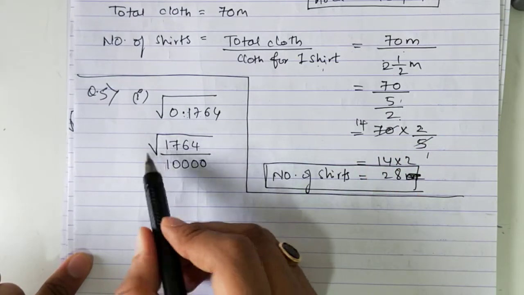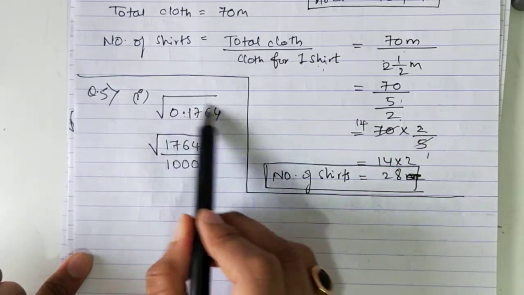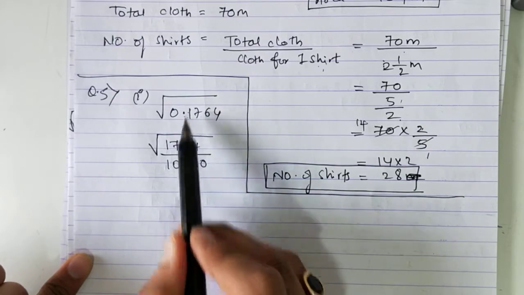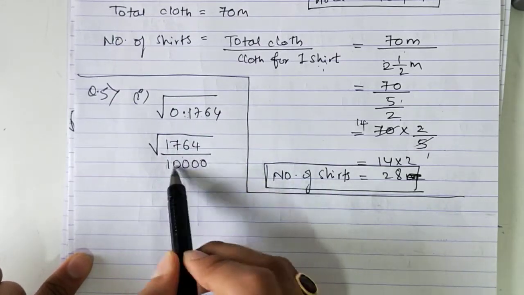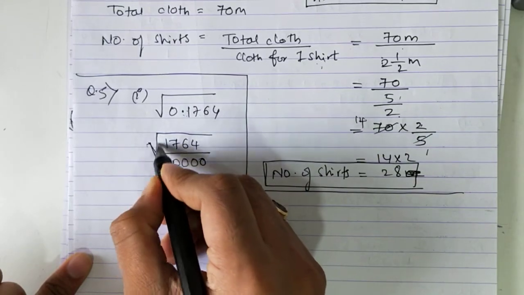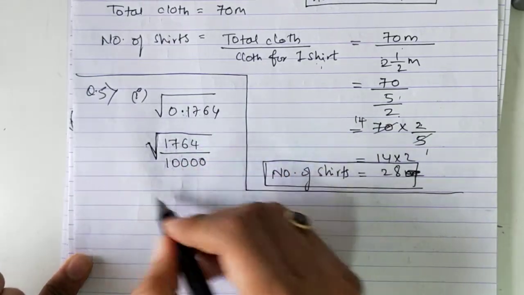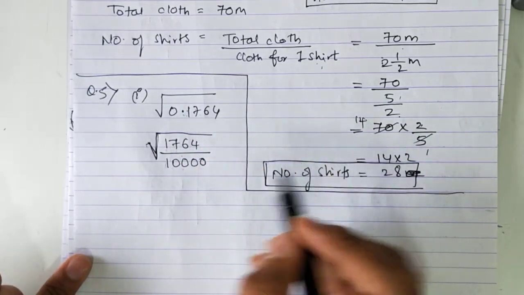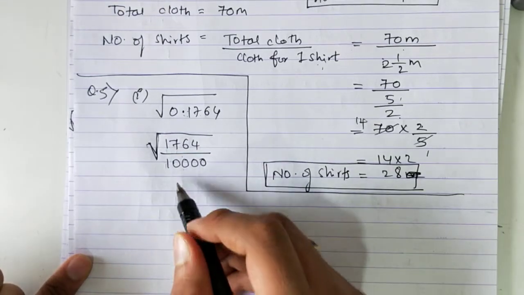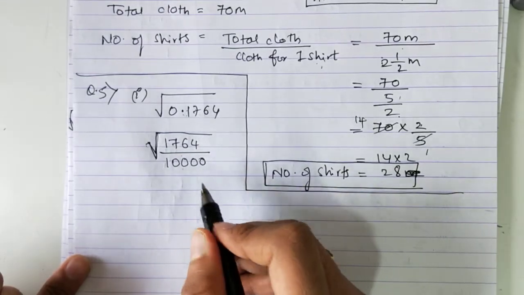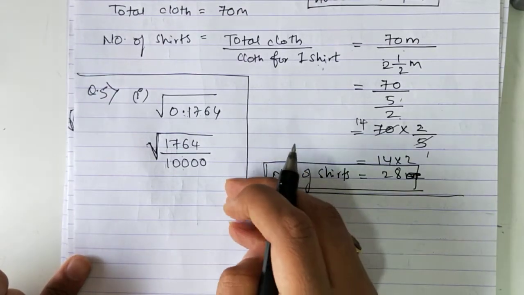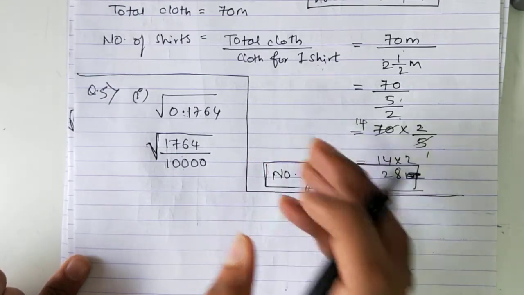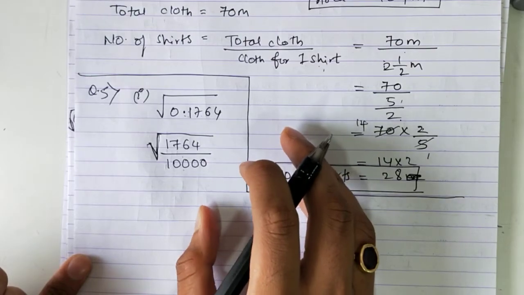Okay, this decimal value can be written as 1764 upon 4 zeros. Now we have to find the square root of this. Okay, so denominator square root is easy. See, whenever you have multiples of 10, like 10, 100, 1000, 10,000, 1 lakh, then you can directly take the square root.